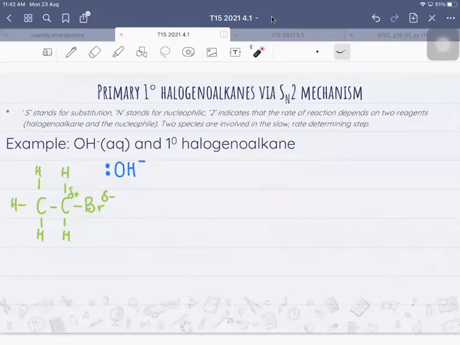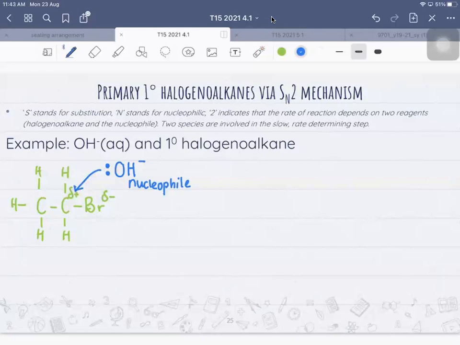Okay, so what happens is that the lone pair of electrons from the hydroxy ion, OH minus, which is your nucleophile, will be donated to the carbon. Okay, so you would imagine oxygen will form a new bond with carbon. Carbon will now have 5 bonds, so something needs to be broken.